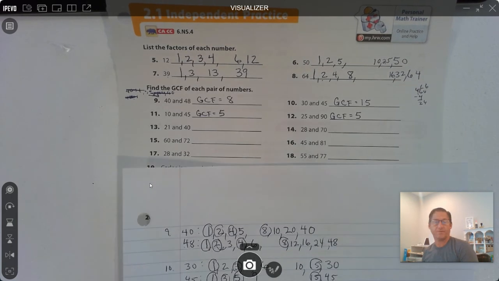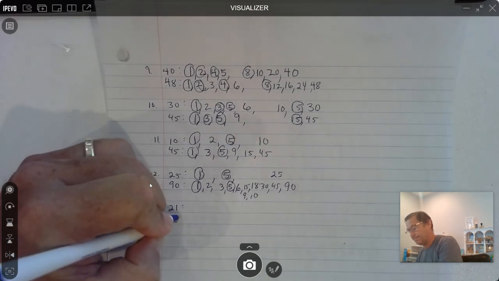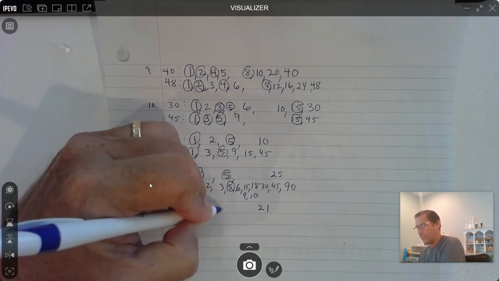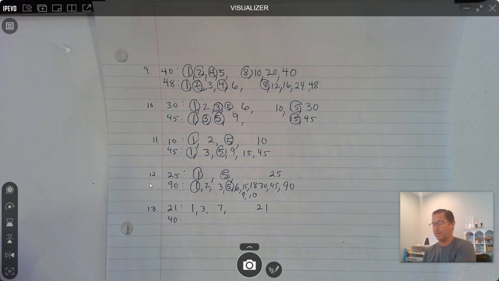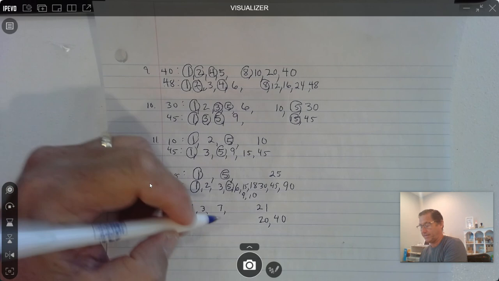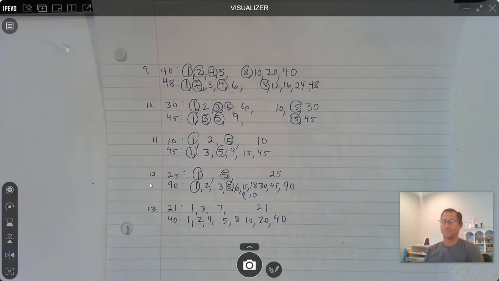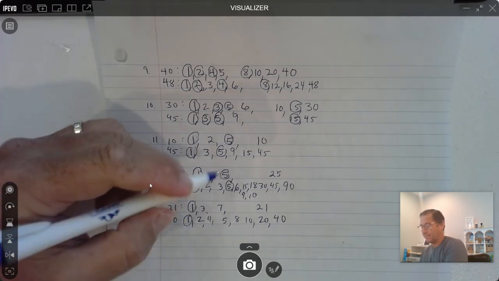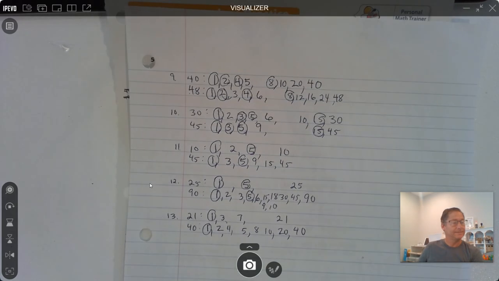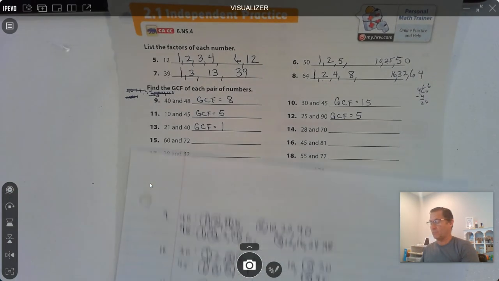13, we have to find the greatest common factor of 21 and 40. 1 and 21, 3 and 7, 1 and 40, 2 and 20, 4 and 10, 5 and 8. Greatest common factor 1. Greatest common factor of 21 and 40 is 1. 28 and 70.